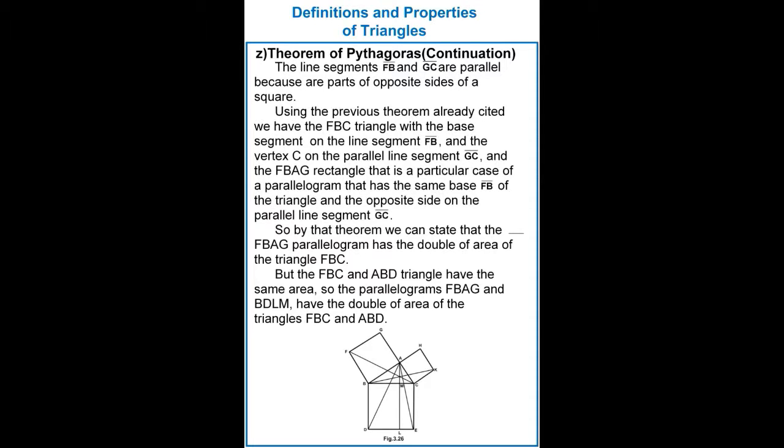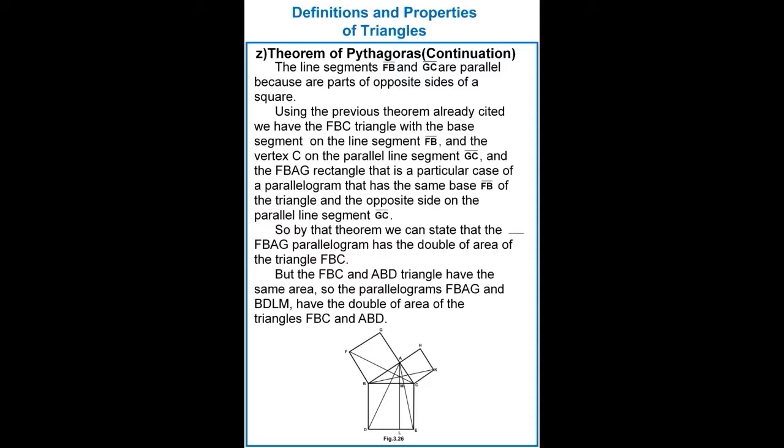Continuing on this new slide, the straight line segments FB and GC are parallel, because they are parts of the opposite sides of a square. Using the previous theorem demonstrating this class, the triangle FBC with the base on the line segment FB and vertex C on the parallel line segment GC, and the rectangle FBAG, which is a particular case of a parallelogram, have the same base FB and the opposite side on the parallel straight line segment GC.